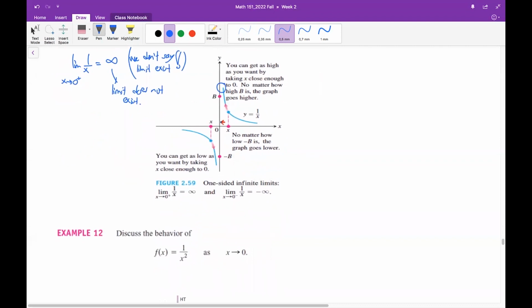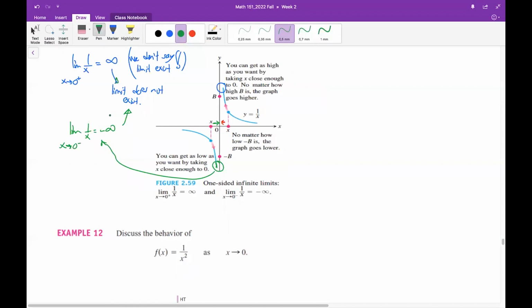Similarly in the other direction, as x goes to 0 from the left, your function decreases without bound. To describe this behavior, you put minus infinity. The limit still does not exist, but we have these symbols to describe the behavior of the function.